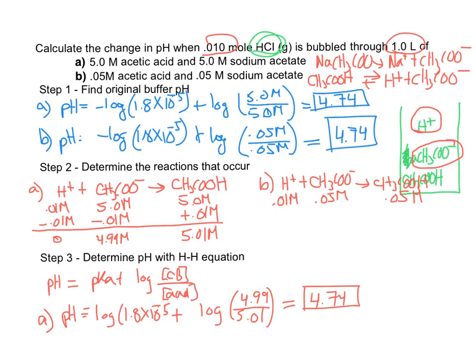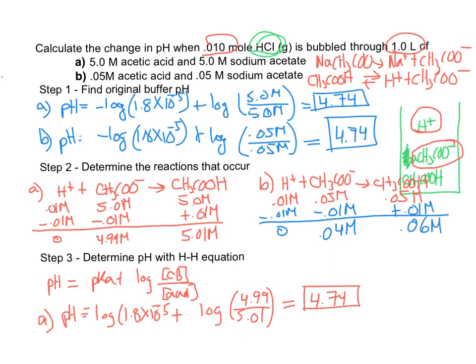So minus 0.01 molar, minus 0.01 molar, plus 0.01 molar. At the end of this reaction, I end up with 0 H pluses, and then 0.04 molar and 0.06 molar.